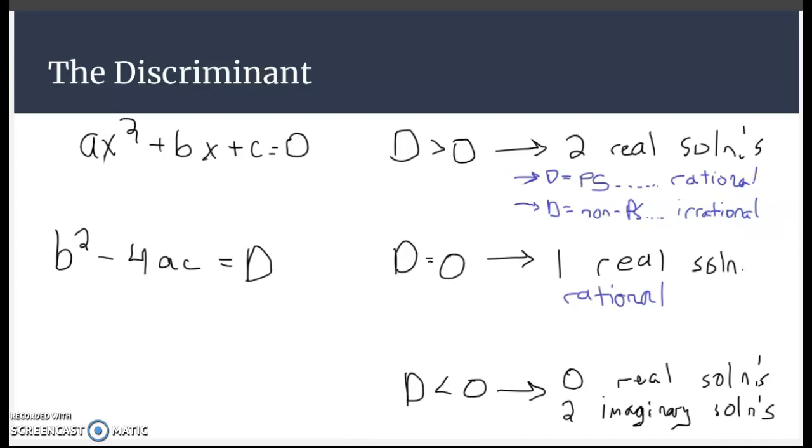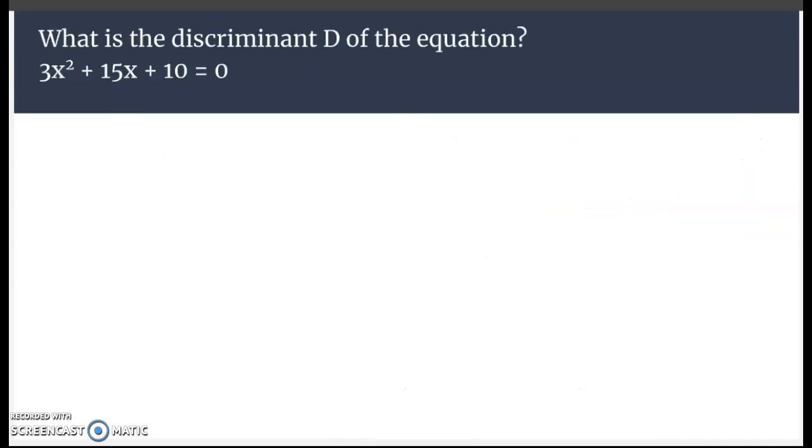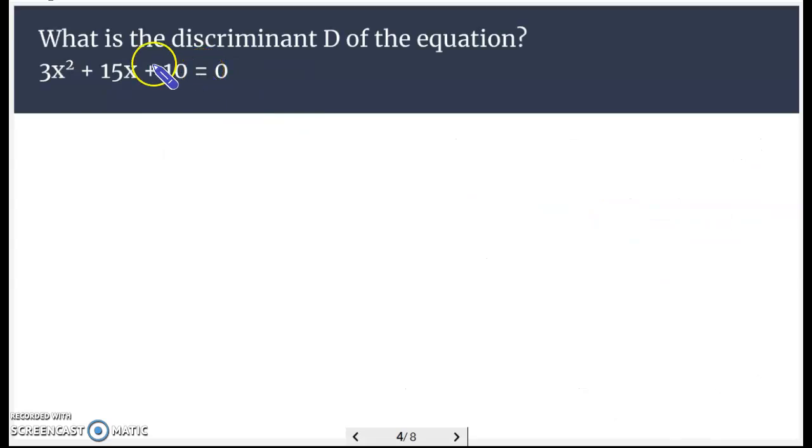Alright, let's try it out. So we have, what's the discriminant D of the equation? Alright, our A number is 3, our B number is 15, and the C number is 10.